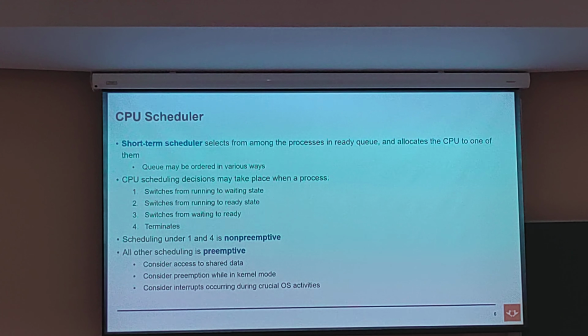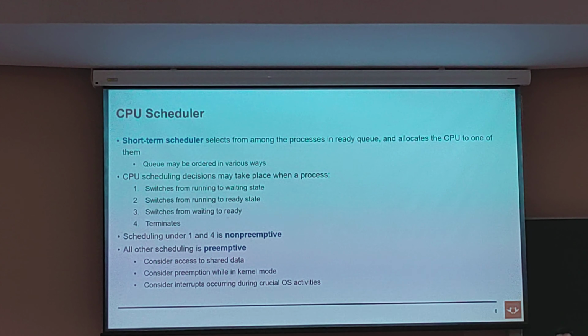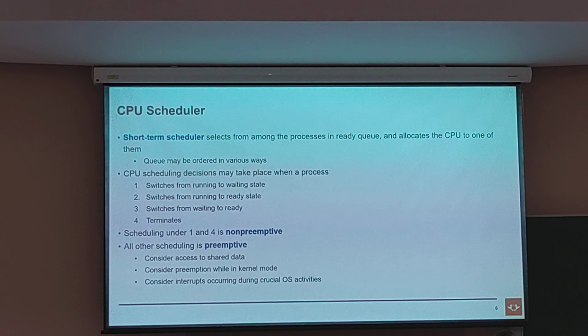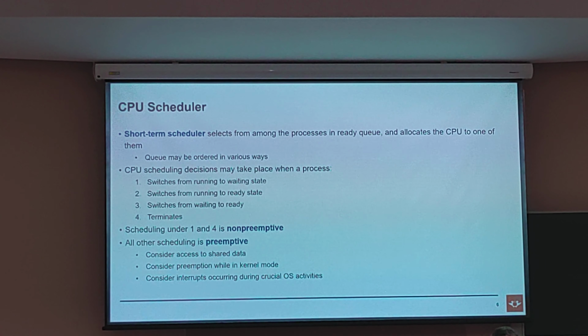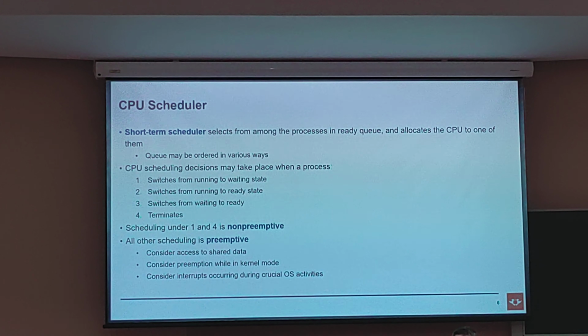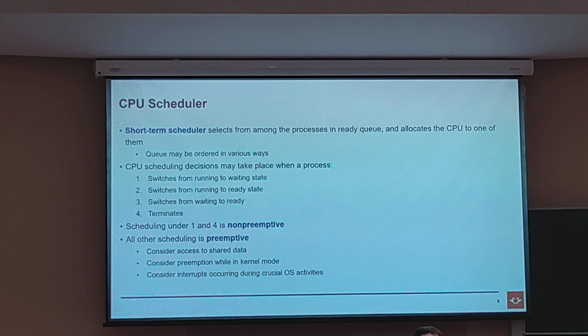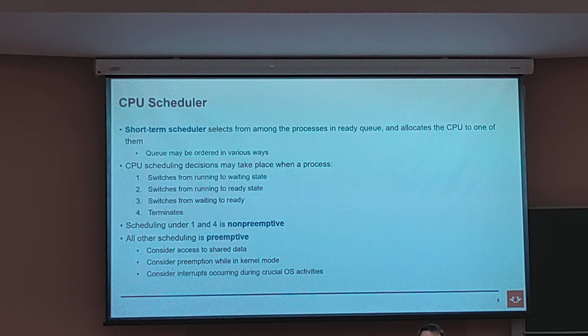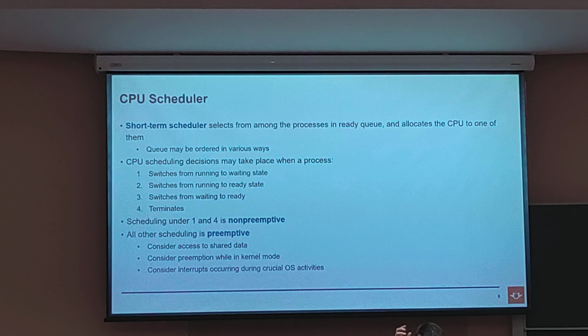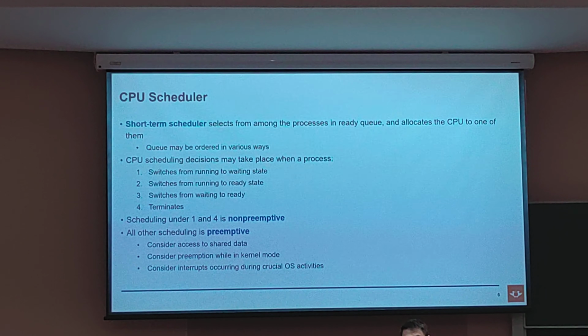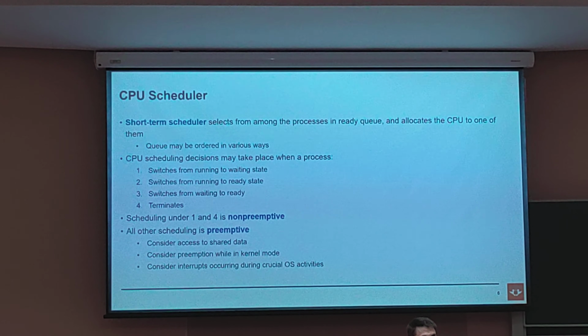Firstly, when it switches from a running to a waiting state. Now think about that again. When does this process switch from running to waiting? Let's say this is an example: the process runs, and I need to save this file to hard disk. So save, open file, write file.